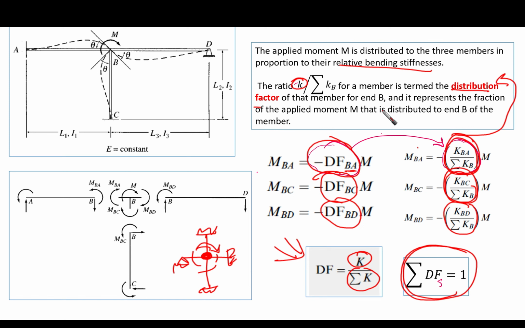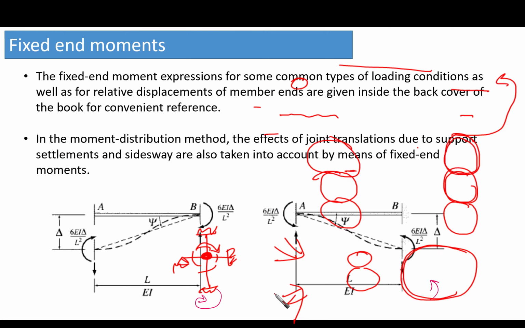And it represents, this is its definition, the fraction of the applied moment M that is distributed to NB of the member. So that's the meaning of the distribution factor.